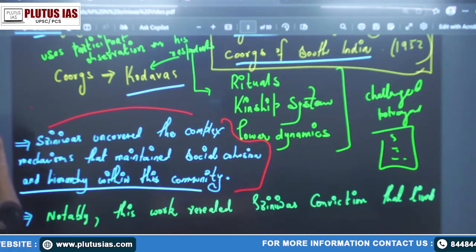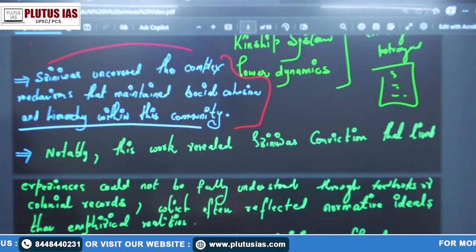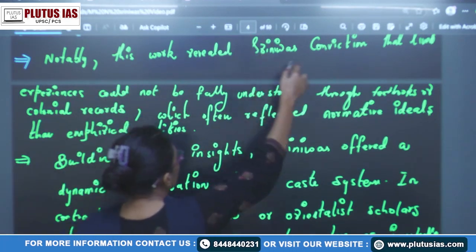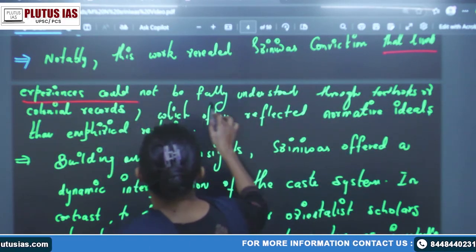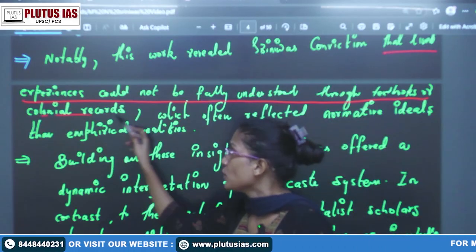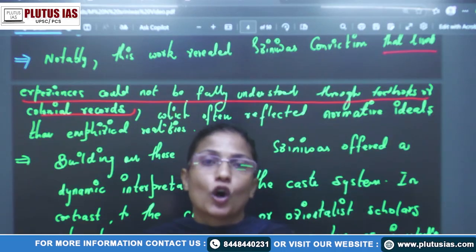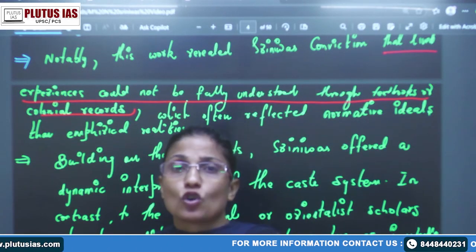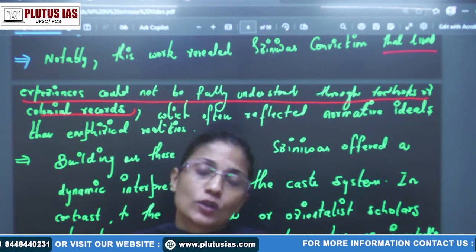So this is what you will write. Notably, this work revealed Srinivas' conviction that lived experiences could not be fully understood through textbooks or colonial records, because since colonial power came to India, we have got reflection on Indian culture, our heritage and our tradition through textbook interpretation or colonial records.